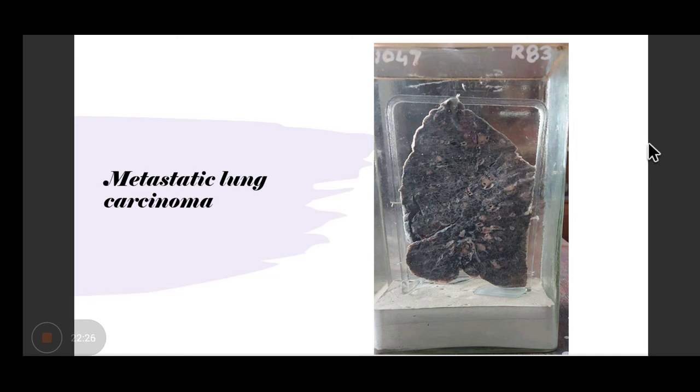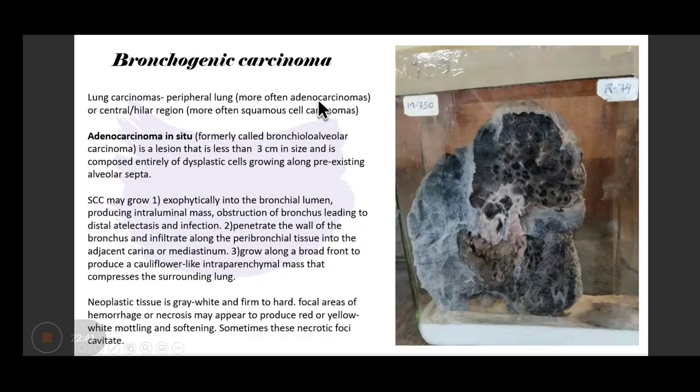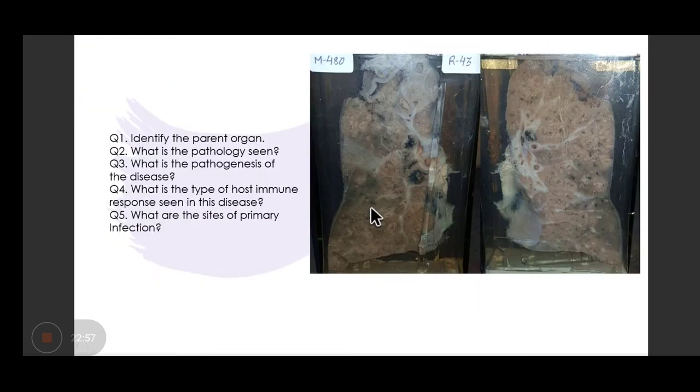Difference between miliary TB and metastatic. In metastatic lung carcinoma there was a well-defined lesion.